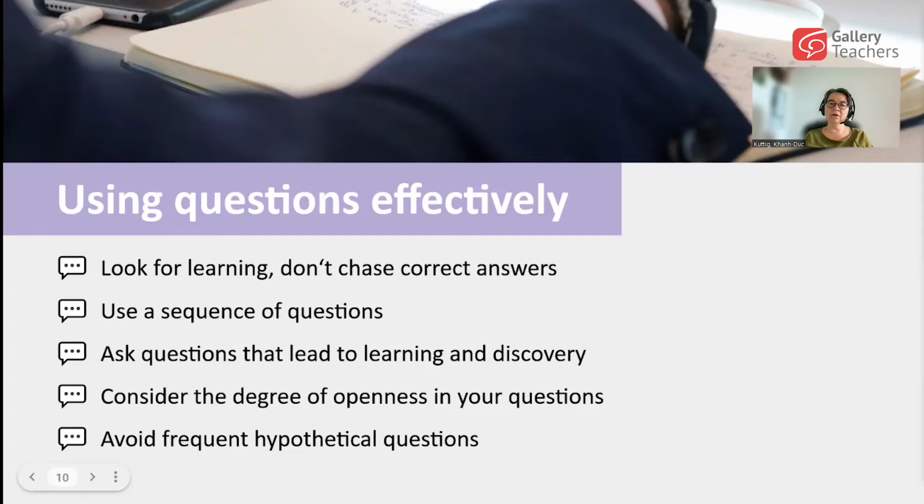And consider also how open your questions are. How much can your learners give you? How much can they demonstrate of their knowledge of English, of their ability to use English? And last tip, very important tip, avoid hypothetical questions. Because if you can't answer them, your learners can't answer them either.